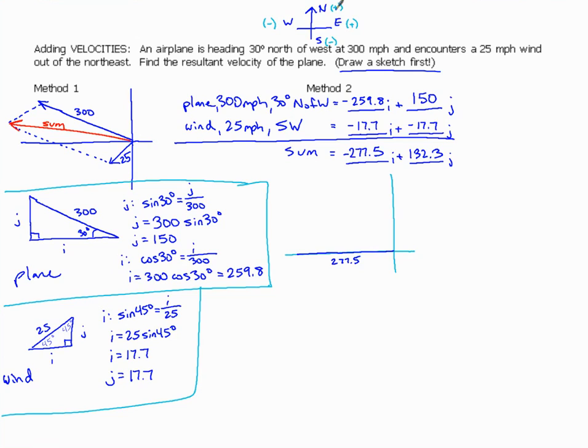Positive means it's going north. So there's 132.3. This is a west, this is a north, that makes a right triangle. And so we're going to draw the sum vector, or the resultant vector.